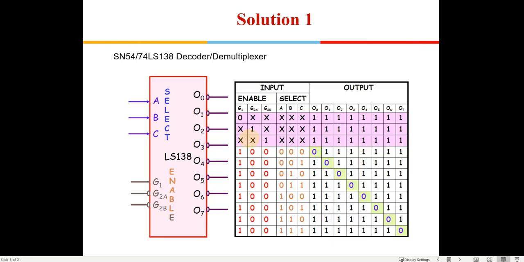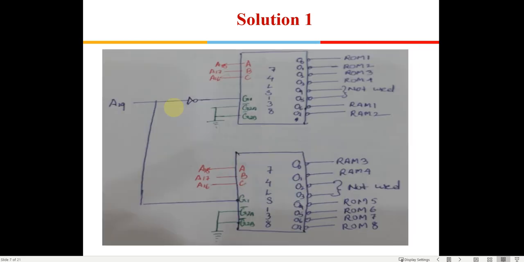To enable these chips, these two signals G2A and G2B have to be grounded permanently. Similarly for the other decoder, G2A and G2B have been grounded. For the first chip, since A19 is 0, we have put an inverter and given it to G1, and here we have directly given it to G1. So whenever A19 is 0, this chip will be selected.